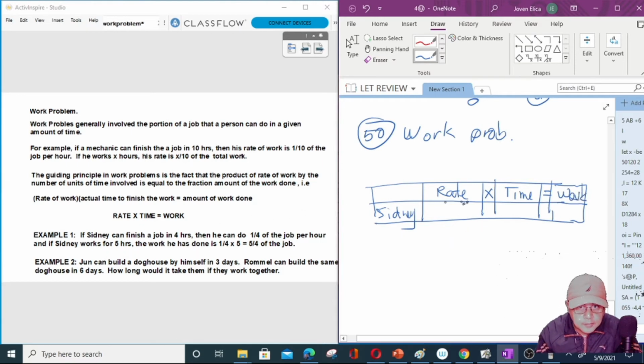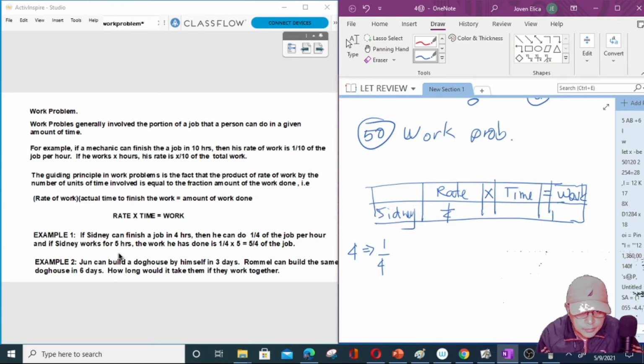In this case, the time is 4 hours. We said that to get the rate, we should take the reciprocal, so the rate of the person is 1/4. Sydney can finish a job in 4 hours, so his rate is 1/4. He can do 1/4 of the job per hour.